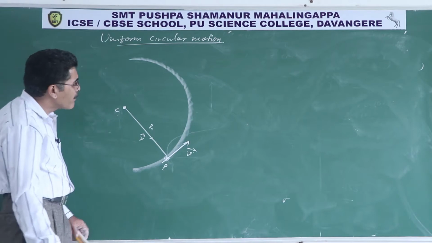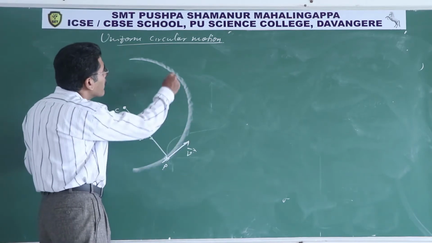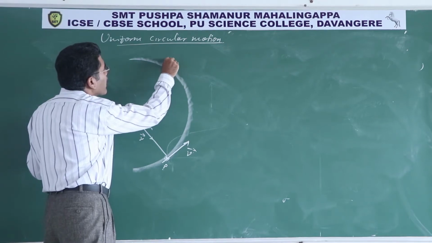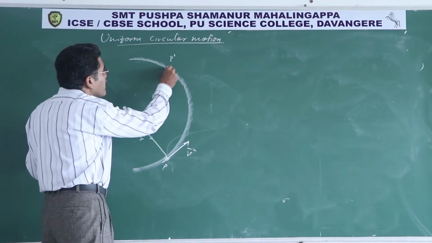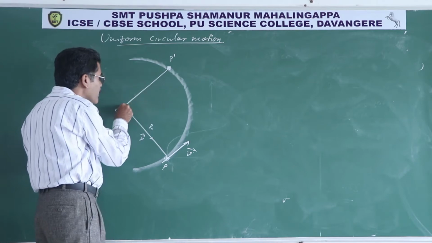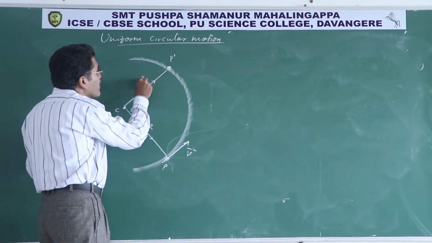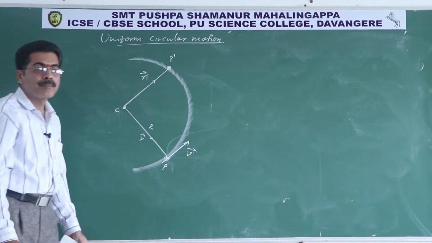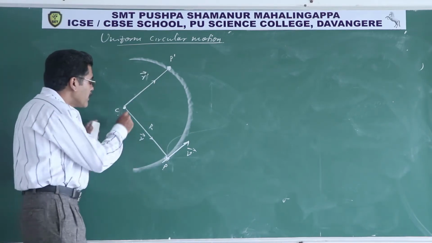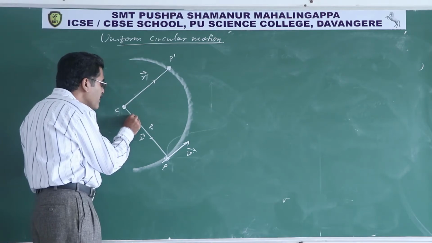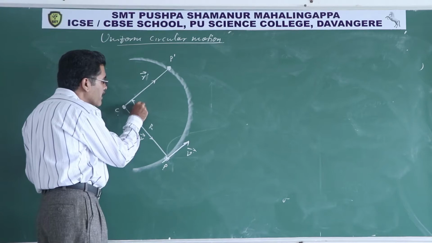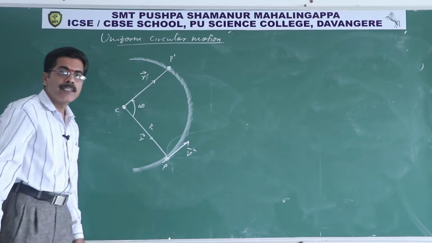In a small interval of time delta t, the particle moves somewhere here, P dash. I indicate this by position vector r dash, r prime, and the angle swept by the radius vector is taken as delta theta.